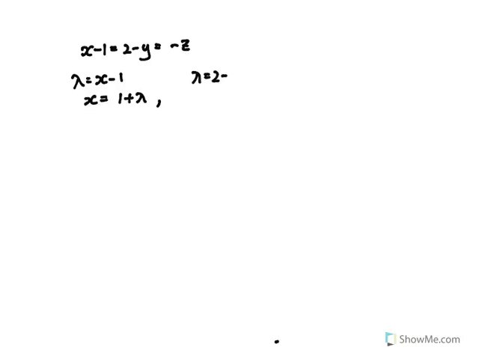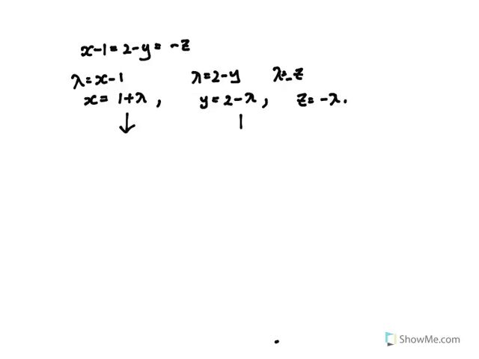Lambda equals 2 minus y, so y equals 2 minus lambda. And z, lambda equals negative z, so z is equal to negative lambda.